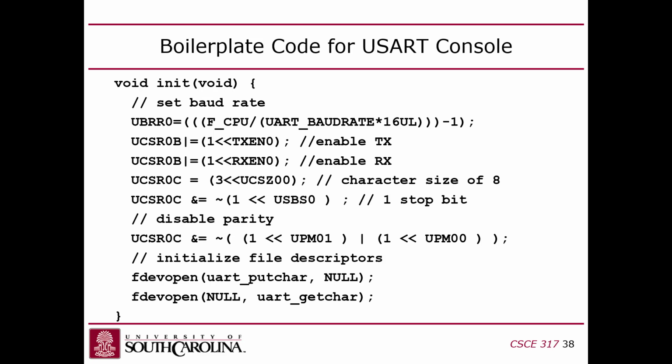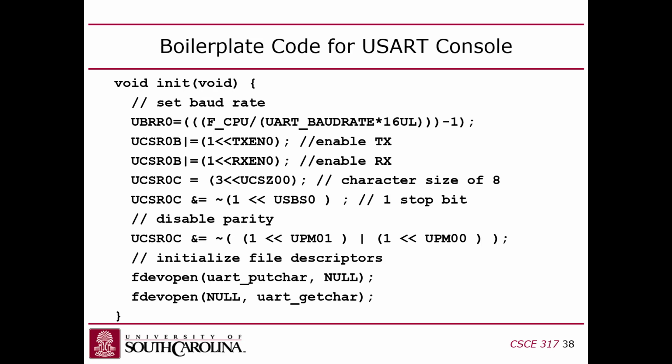This is not something you would normally find in POSIX, but it allows you to pass a function pointer in that will tell it what to do when you print a character or read a character from the console using printf and scanf. So you've got UART put char and UART get char, which are functions that you have to also define in your code.